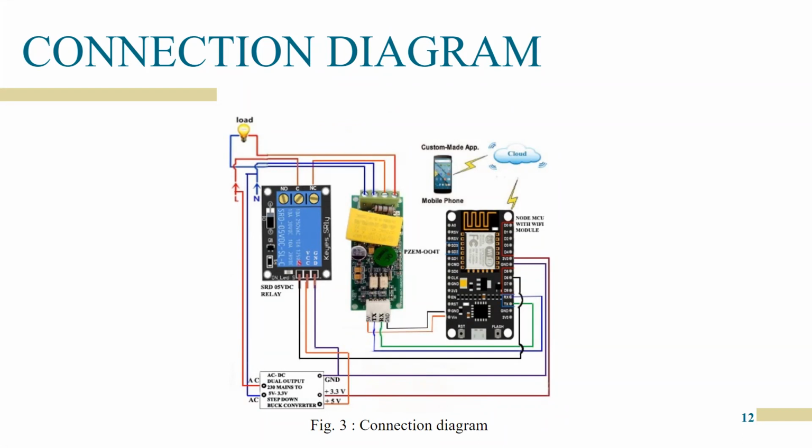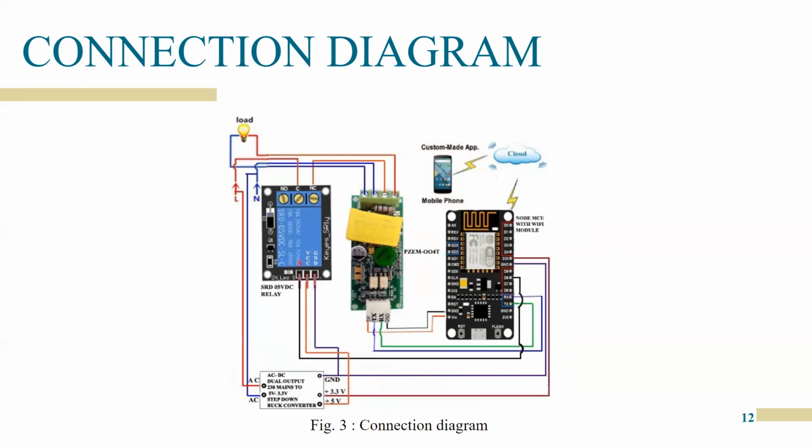We can use either normally open or normally closed, and the line will be connected to the common, then taken out from either normally open or normally closed. Then that is given to the PZDM, and the neutral goes directly into the PZDM. This is how the connections are given to the PZDM. Till now we have given our supply to the PZDM.